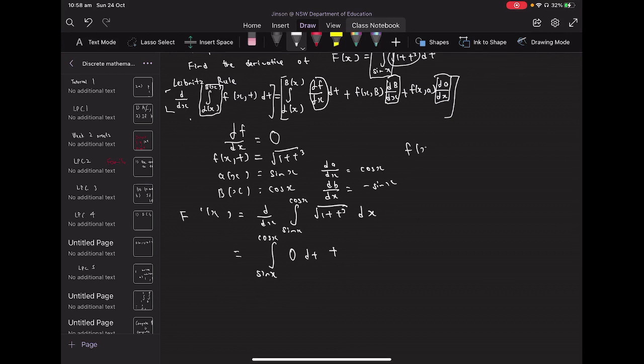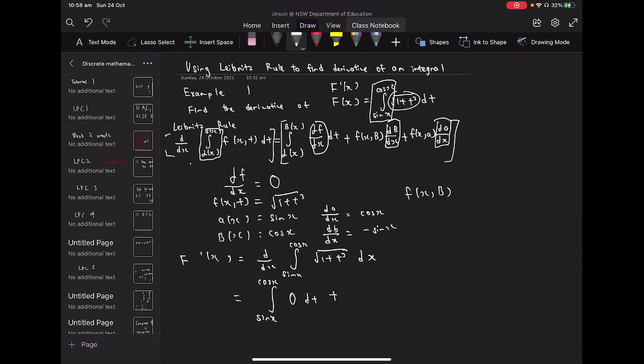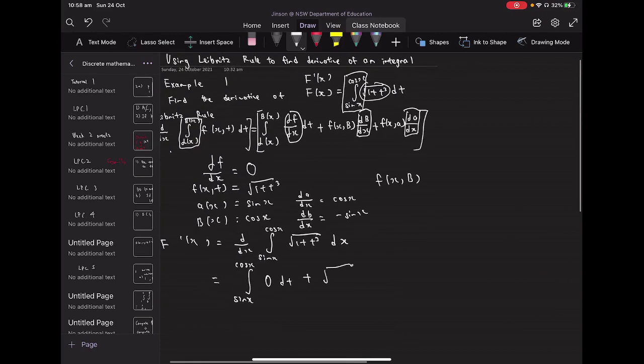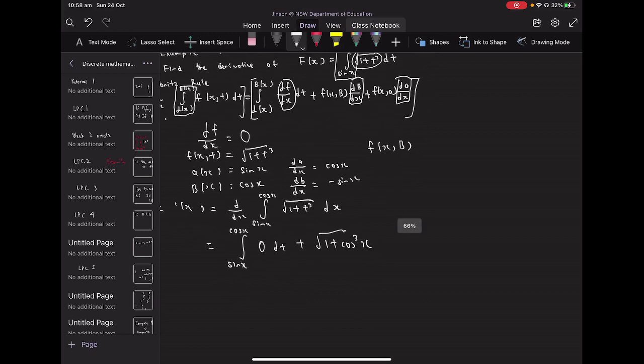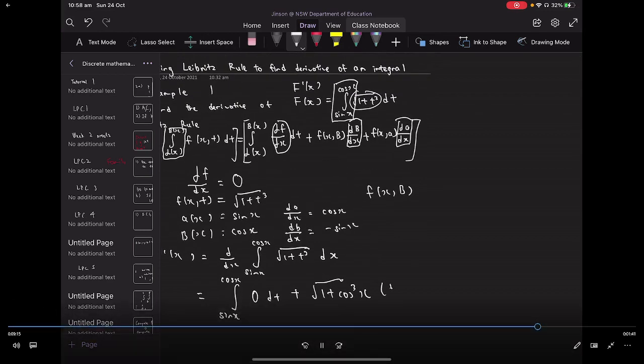We can find f of x, beta just by subbing in beta of x into f of x, t, which is just the square root of 1 plus cos cubed of x, and d beta on dx is just negative sine x.